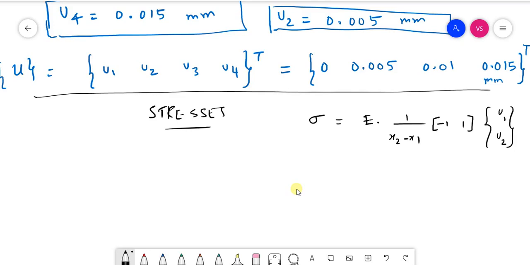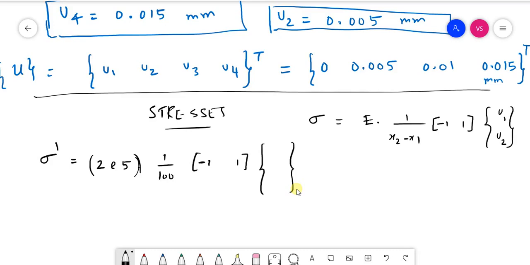So if I use this for the first element, I will write 2E5 because that is the value of E, times 1 over x2 minus x1, which is nothing but length of the element. So here we know length of the element is 100 millimeter. So this is 1 over 100 times minus 1 1.